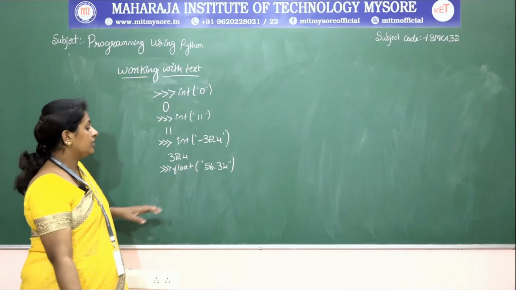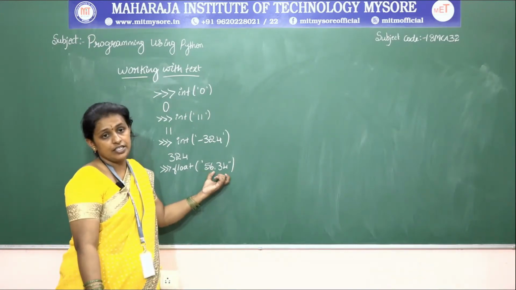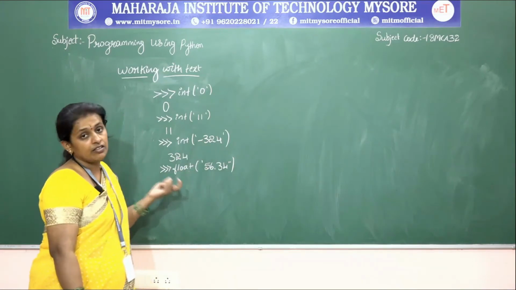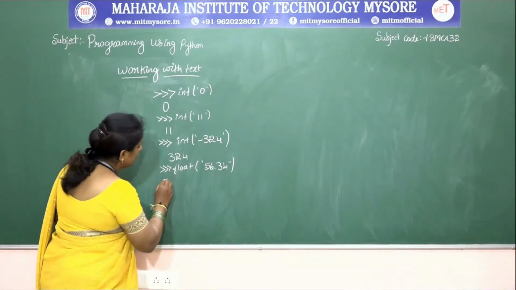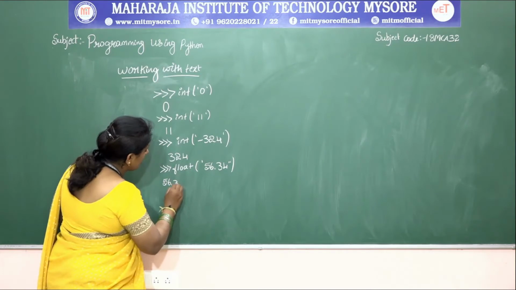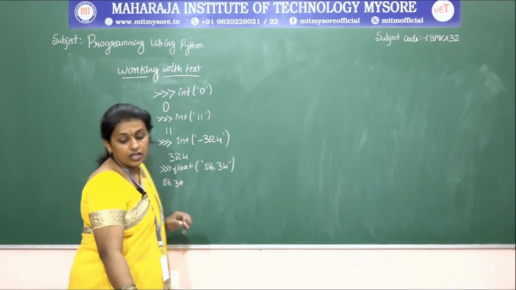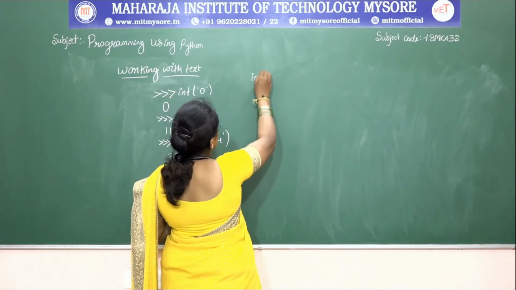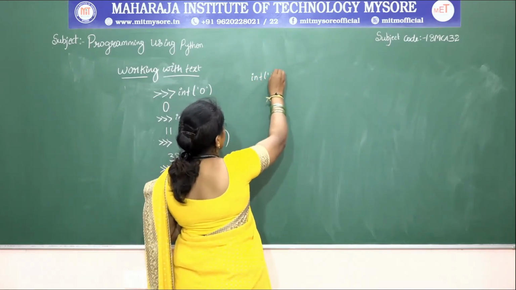The "56.34" is in string format, so I am going to convert this to a floating point value, and that will be equal to 56.34.